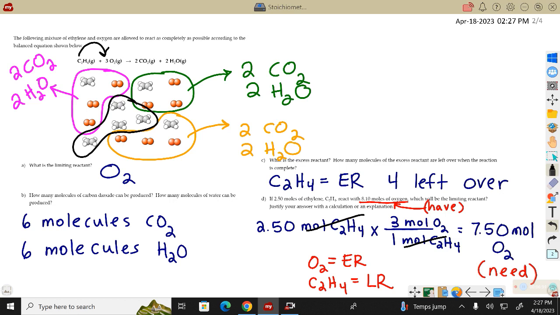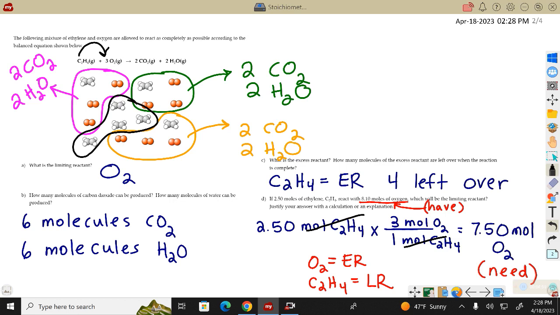In this case, if we have more than what we need, we found the excess. But let's say I would do this calculation and it says that I need 7.5 moles of oxygen, but what if I only had 6.1 instead of 8.1? If I don't have enough, if I have less, then that's the limiting reactant.